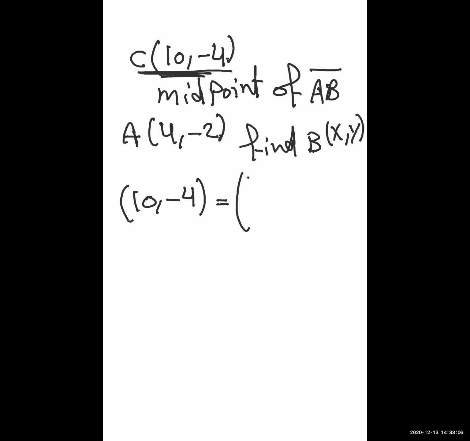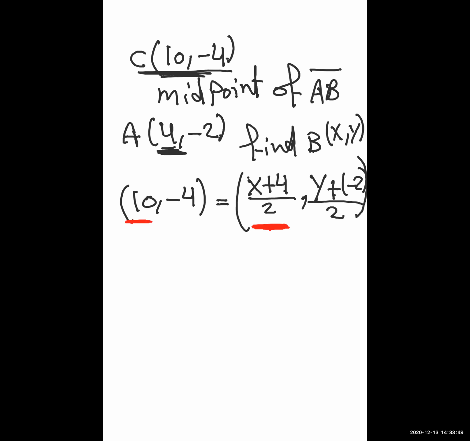So it will equal x1 plus x2, which is x plus 4, for the first point, which is A, over 2, and y plus -2, which is for the next. Now, first, these are like ordered pairs, guys. So x plus 4 over 2 will equal 10.